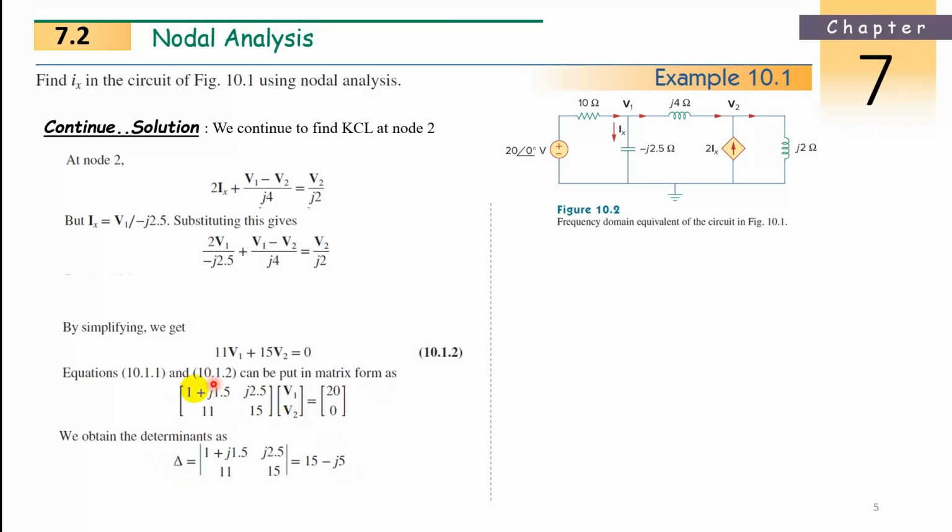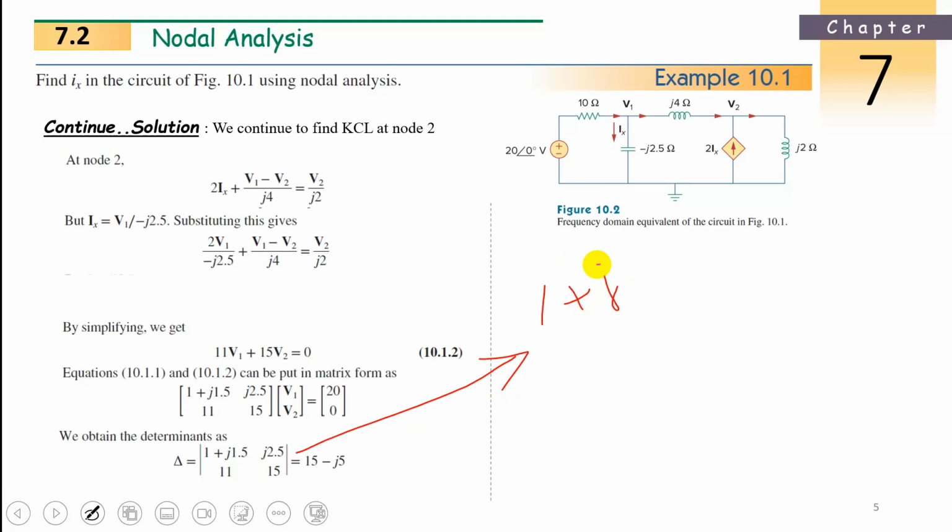Now what is delta? Delta is nothing but multiply diagonally minus the other diagonal. So (1 plus j1.5) multiplied by 15. I will do it for you. How are we getting the 15? This one is nothing but (1 plus j1.5) multiplied by 15, minus j2.5 diagonal multiplied by 11.